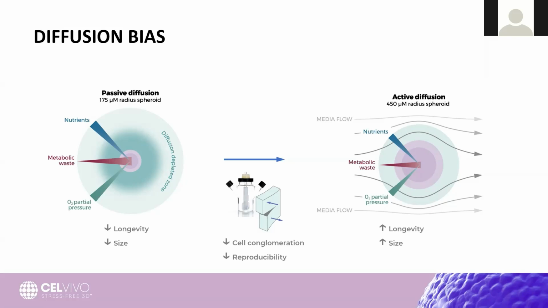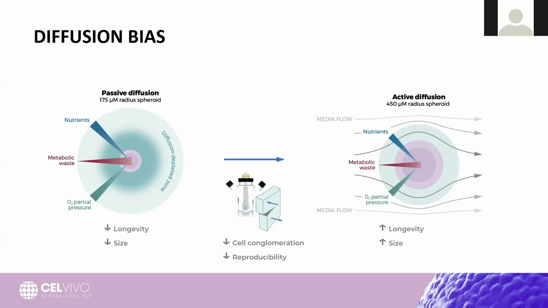So when you use these spinner flasks or other types of spinning devices, you're going to compromise your cell conglomeration, and you're going to compromise your reproducibility because it's an uncontrolled movement and tearing of cells. So how do we get to a place where we don't have any shear forces, but we still have active diffusion?